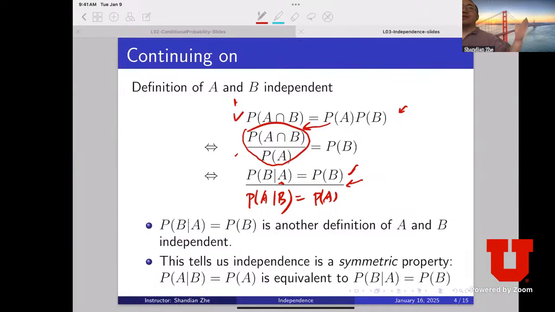You see, this definition is kind of symmetric. P of B given A equals P of B is another definition of A and B being independent of each other.